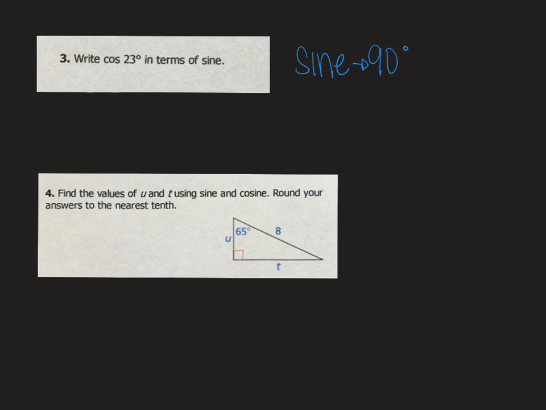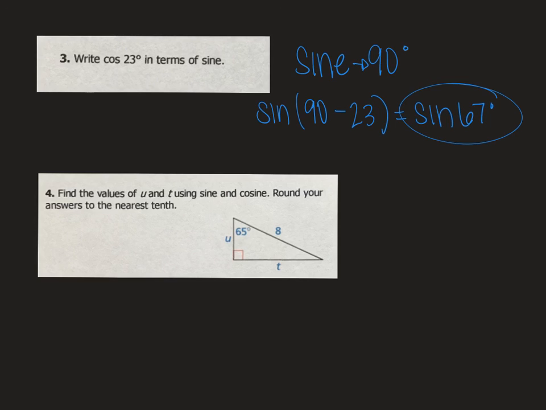They have to add to 90 degrees together. So when we want to turn cosine of 23 into a sine function, we're just going to do sine of 90 minus 23 degrees, which is going to give us 67. So the equivalent trig function with sine would just be the sine of 67.